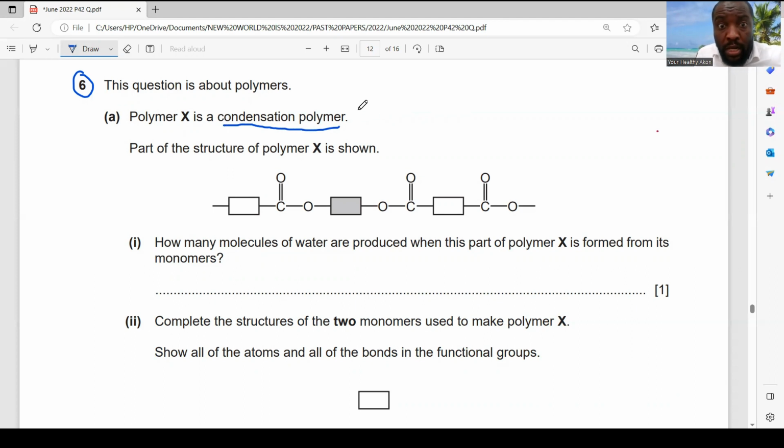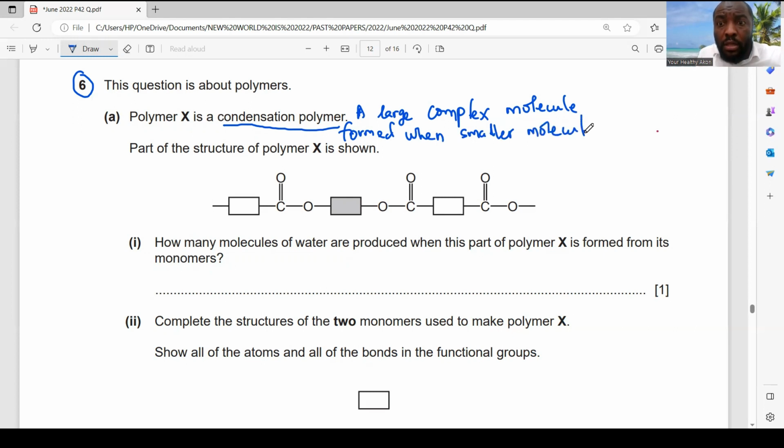A condensation polymer is a large complex molecule formed when smaller molecules called monomers are joined together.